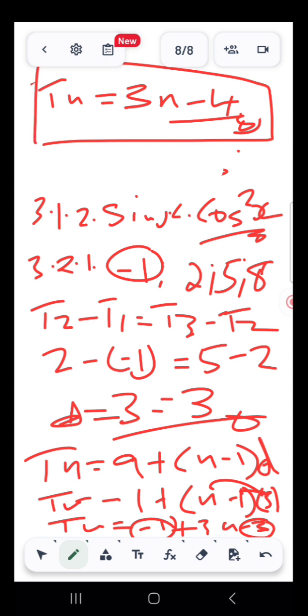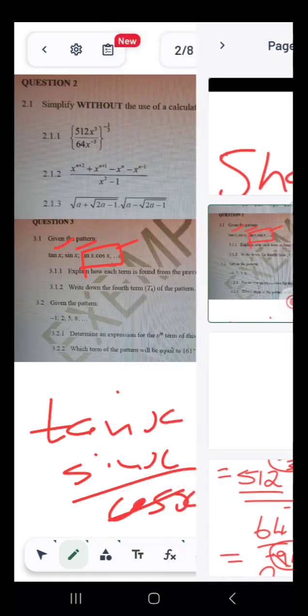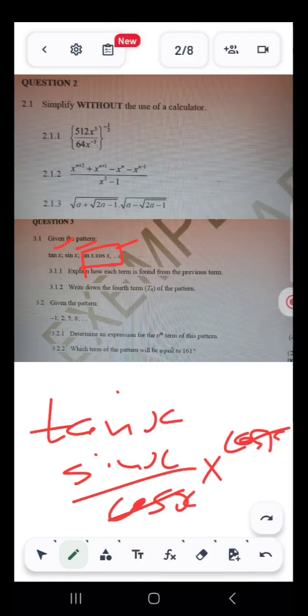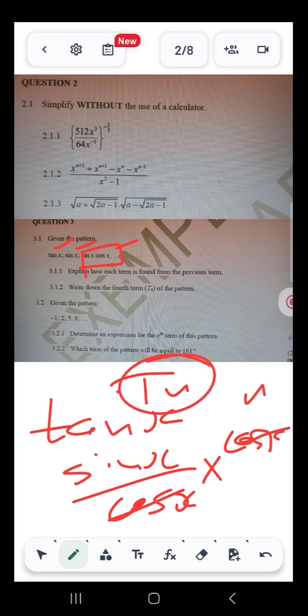Our general term must be an equation, right? It can't be just one answer. So now that we found the general term, see question 3.2.2, the last one, which term. Now when a number pattern question says which term, you must know you will substitute for Tn and look for n. So which term of the pattern will be equal to 161?